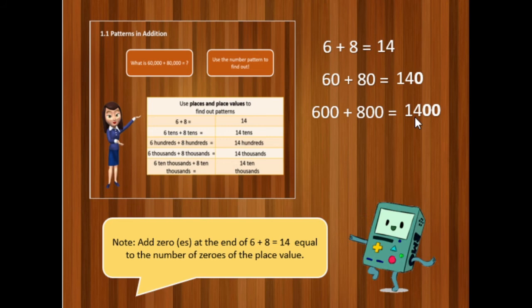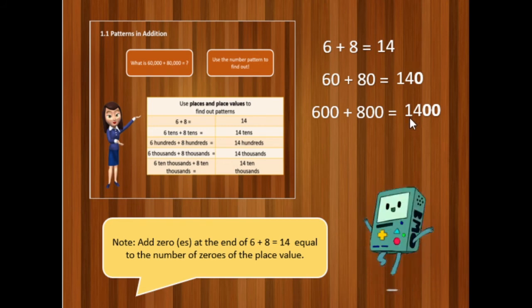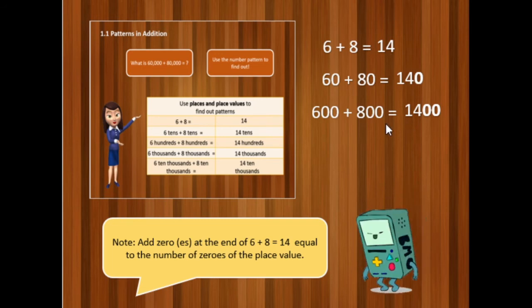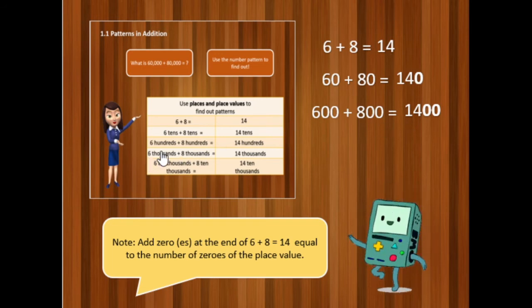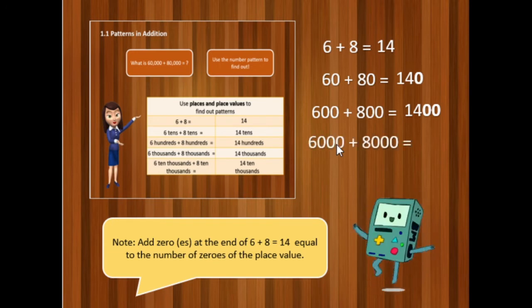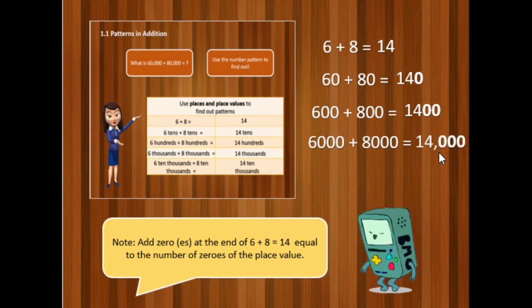We have 1,400. 6 thousands and 8 thousands give us 6,000 plus 8,000. We have 14,000.